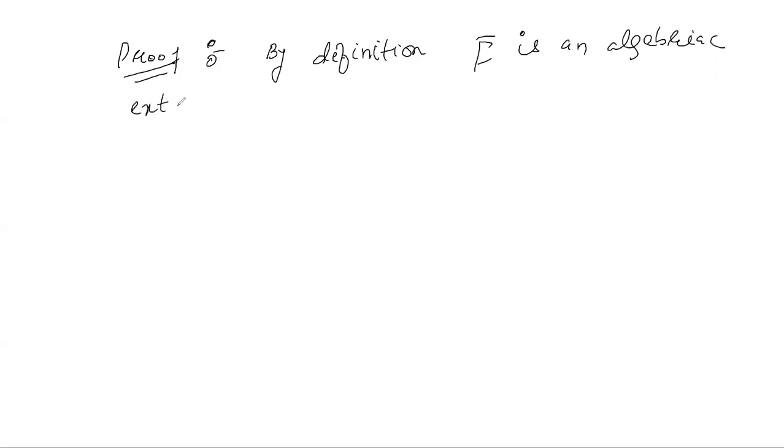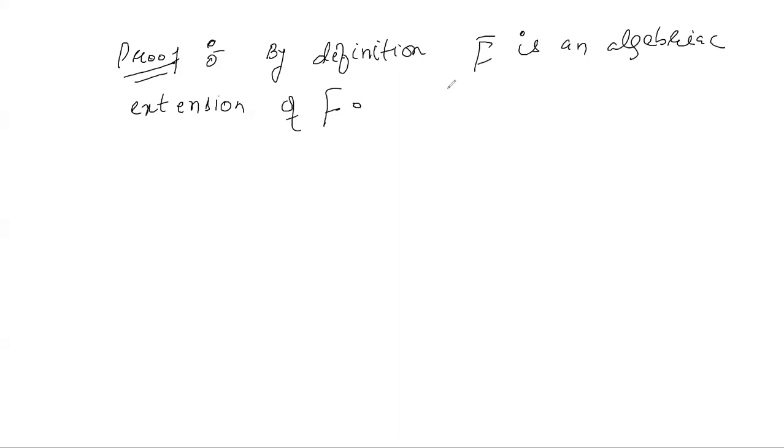So by definition, f bar is an algebraic extension of f. Now K is chosen as the algebraically closed field containing f. So it means what?